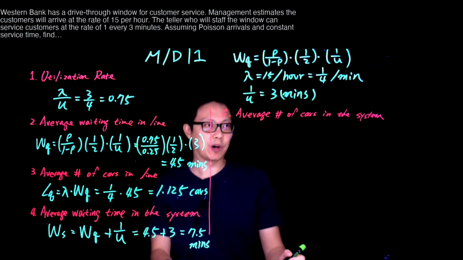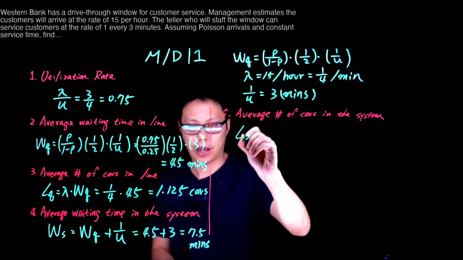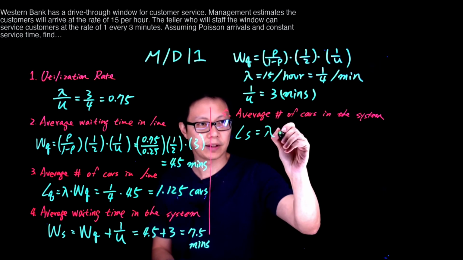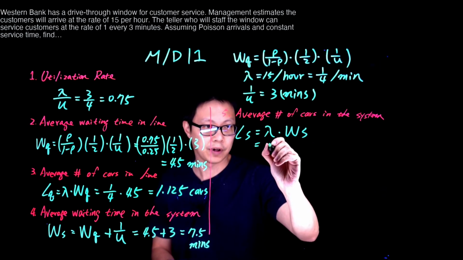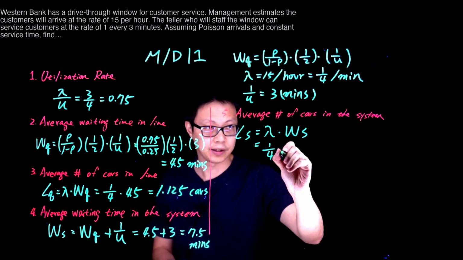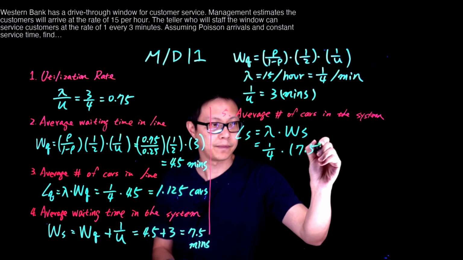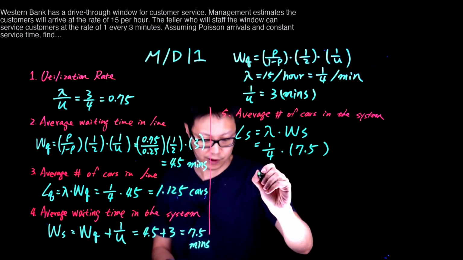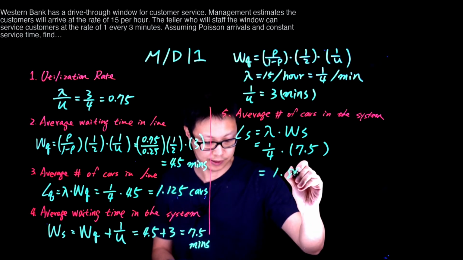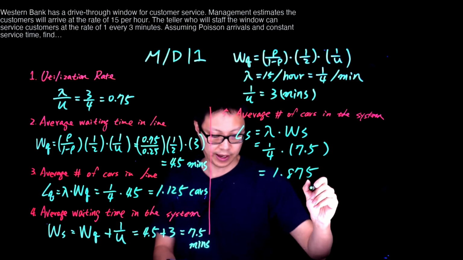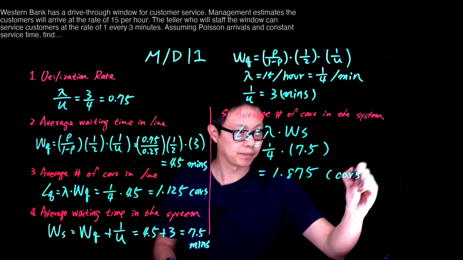Finally, the average number of cars in the system, we can apply Little's law again. LS equal to lambda times WS. So I have a quarter times 7.5. So everything here will be equal to 1.875. Again, the unit here will be cars.